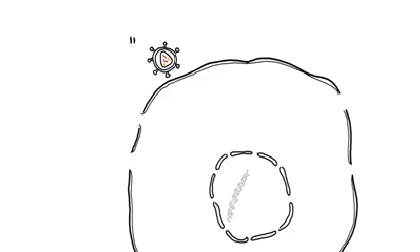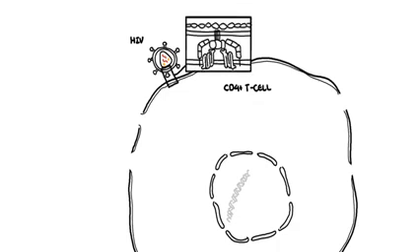HIV targets the CD4 T cells, such as this cell here. The CD4 T cells are human immune cells. The glycoproteins on the envelope of the HIV, GP120, bind to CD4 receptors, together with the co-receptors CCR5 and CXCR4 on the surface of T cells.